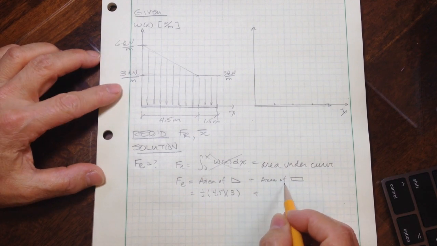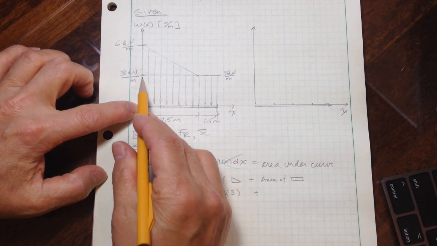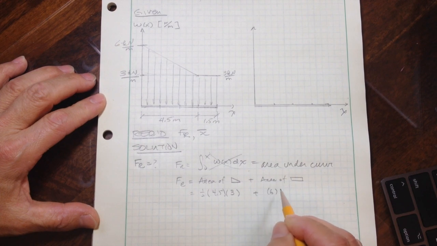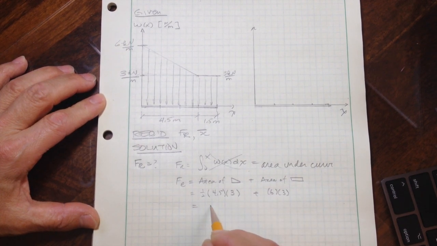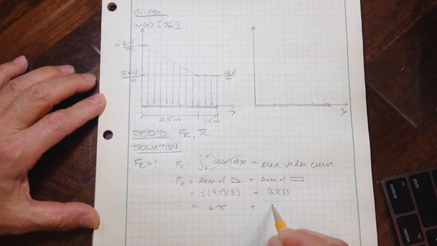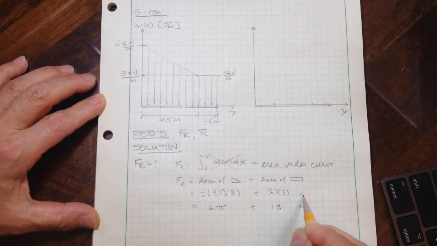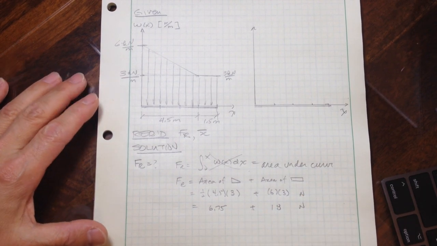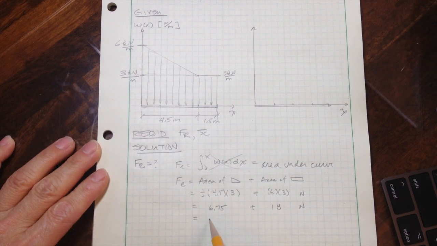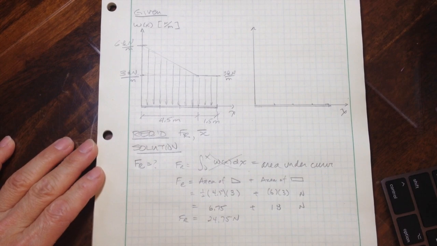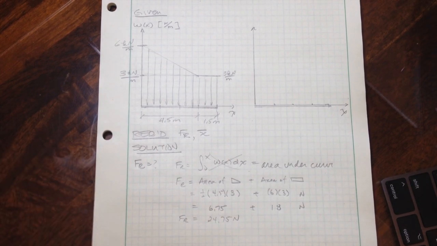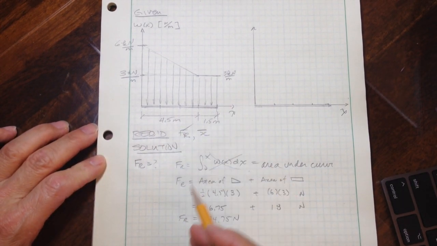And then for the rectangle, that would be 6 times 3. And that would be 6.75 plus 18. Units are in newtons. And this should add up to 24.75 newtons. So that's our resultant force. So we've got that done.